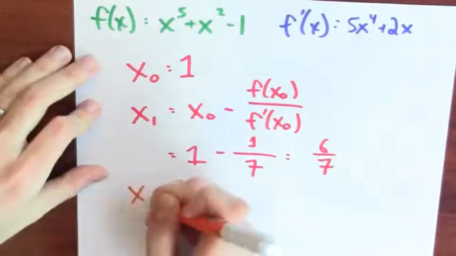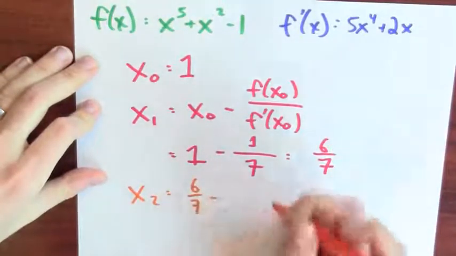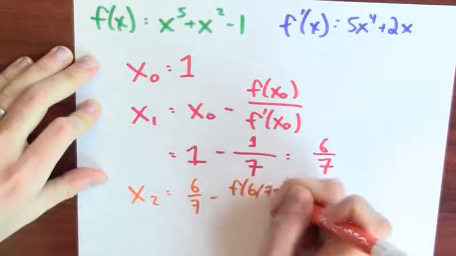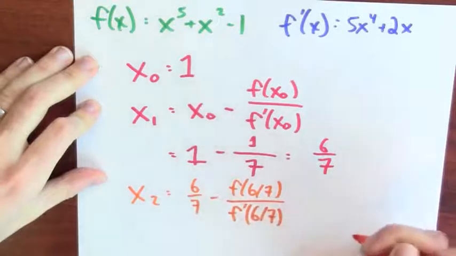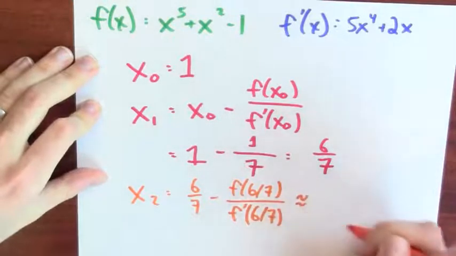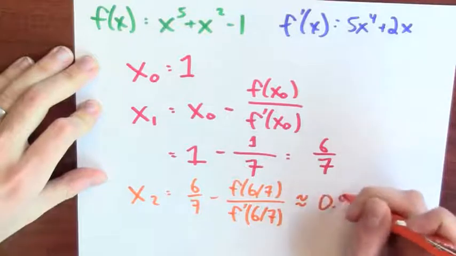Now, armed with my better guess, I can apply Newton's method again and hopefully arrive at an even better approximation to the root. So I can get a new guess, x sub 2, by taking my old guess, x sub 1, and subtracting the function's value there, divided by the function's derivative there. And when I do that, I get something which is about 0.812. x sub 2 is an even better guess.